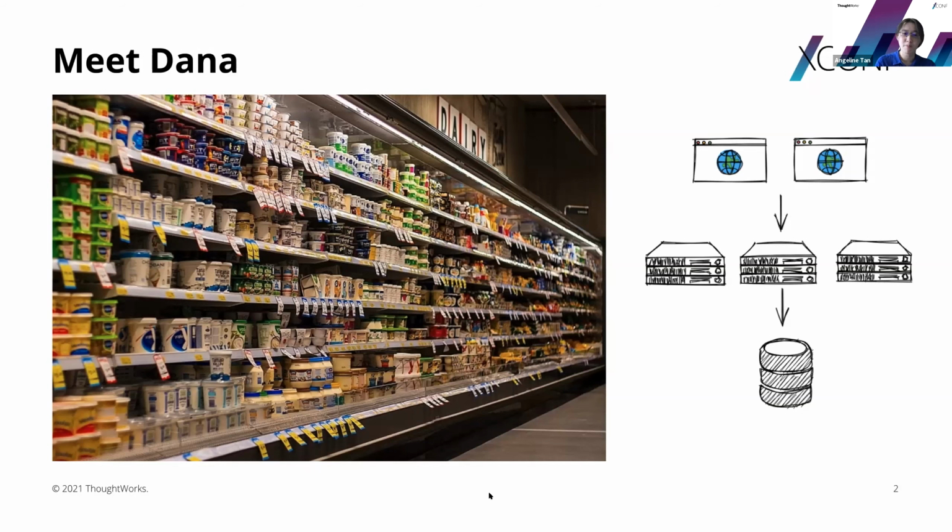The CTO of Best Price is trying to get a new round of funding for the company. Because of this, he would like Dana and her team of data scientists to develop a machine learning powered recommender system. The purpose of the system is to get customers to add more products to their shopping cart and hence increase the sales of the company.